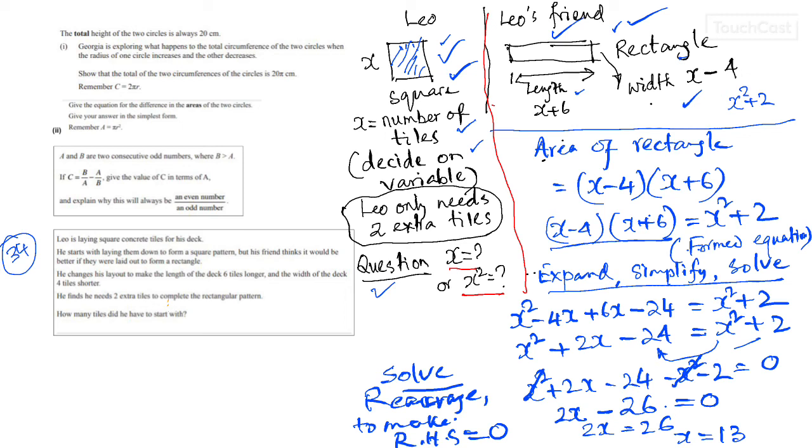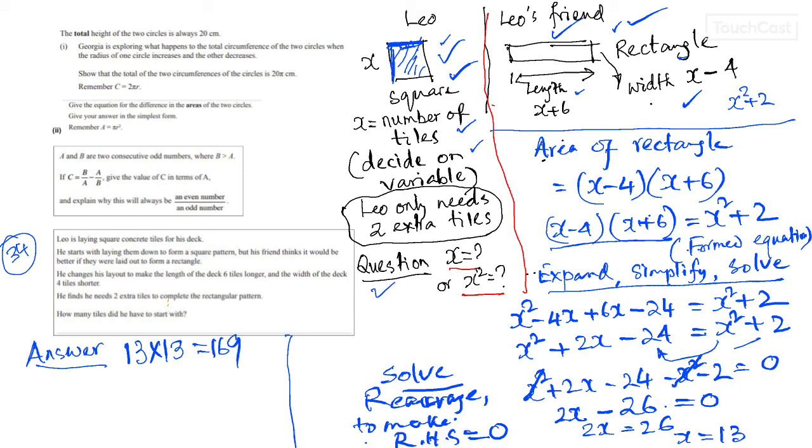Now, to answer the question is very important. So basically, we are looking at the total number of tiles being 13 times 13, because x is 13 tiles. That would take 169 tiles.